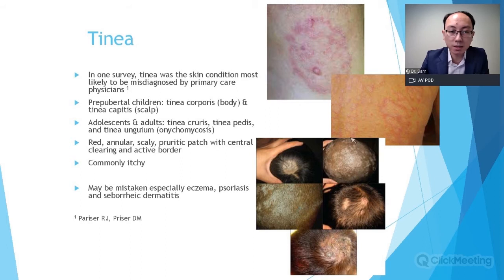These are a few pictures showing tinea capitis, which involves the scalp in children. You can look there at a gray patch, which is very scaly, and this photo also shows patchy hair loss.